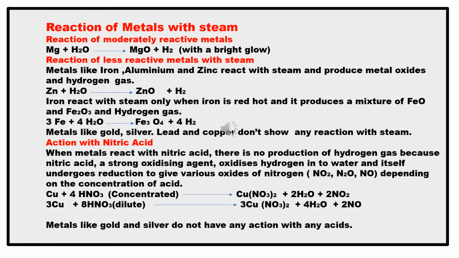And if copper reacts with dilute nitric acid, it forms copper nitrate plus water plus nitrous oxide. So based on the concentration of nitric acid, the products formed vary. But the nitrate and water are produced in all the reactions. Only the nitrogen products will vary. Nitrogen oxides will vary according to the concentration of the acid.